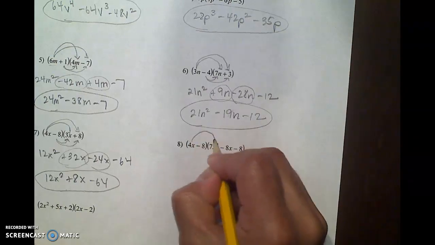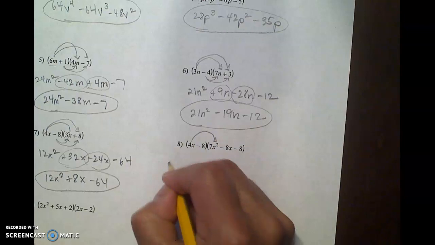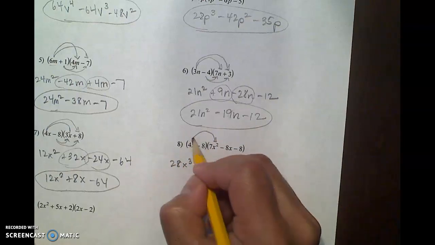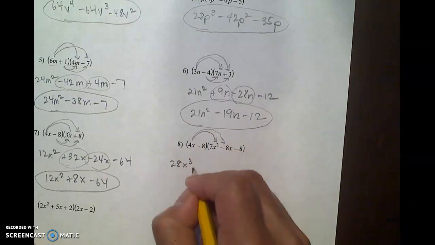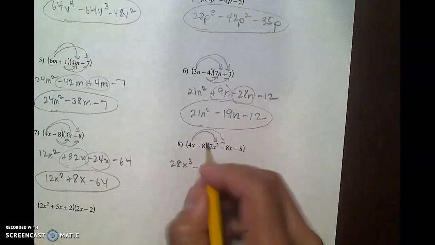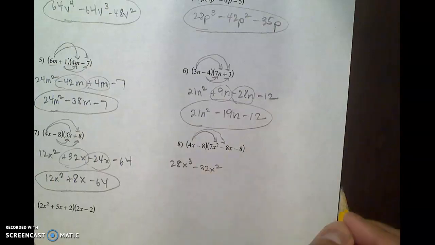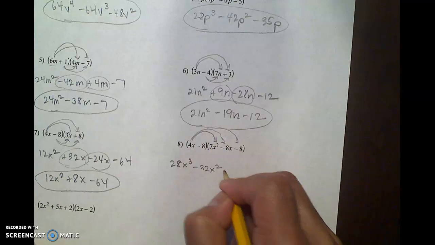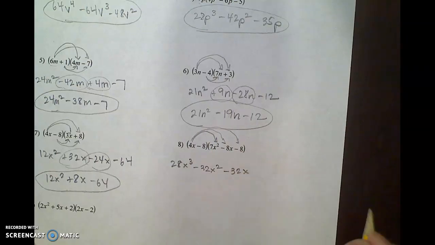So we do 4x times 7x squared, 28x cubed. 4x times negative 8x, negative 32x squared. 4x times negative 8, negative 32x.